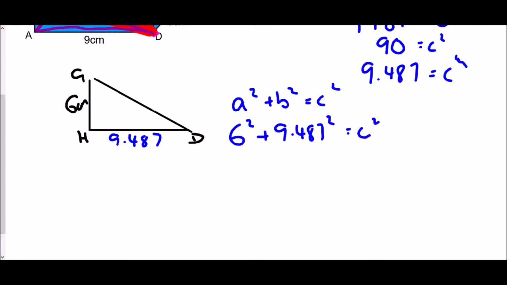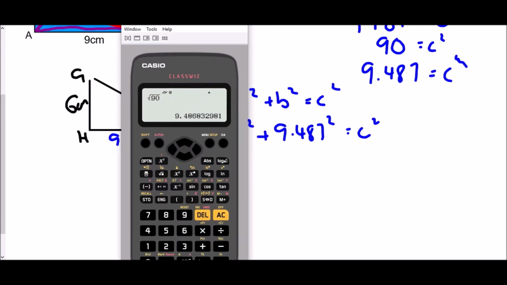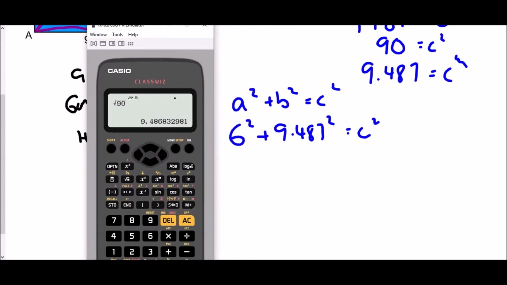Now this time, when I grab my calculator, I'm going to use the answer button just to make sure that this value, which is a little bit longer, is still in use. So what I'm going to do is 6 squared plus Ans squared.